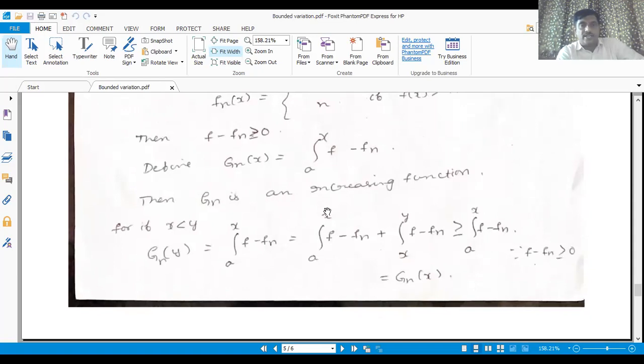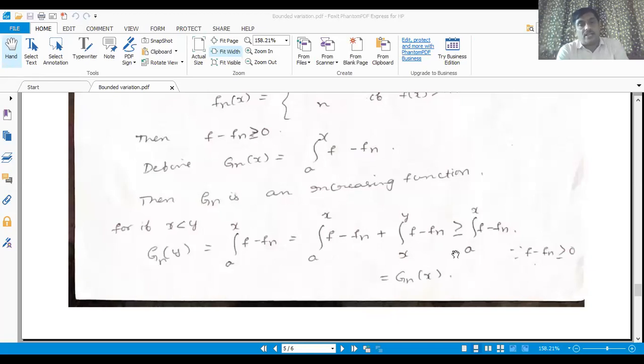Then g_n is an increasing function. If x is less than y, then you can choose g_n(y), same as before but instead of x, because x is lying in y, therefore the integral from a to y of f minus f_n can be written as the integral from a to x plus the integral from x to y of f minus f_n.